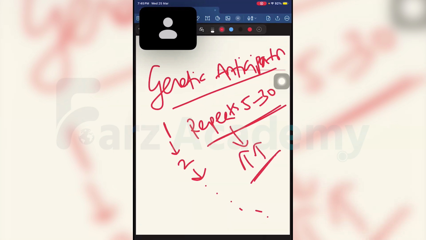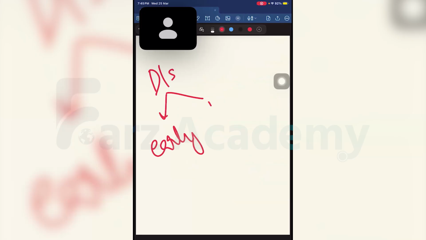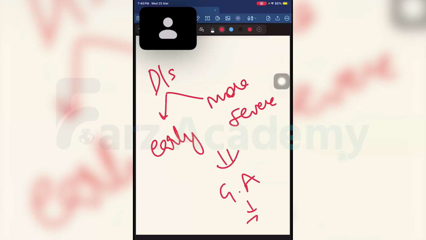So there is an expansion of repeats from one generation to another. And because now I have more repeats, my disease is going to come early and it is going to be more severe. This phenomenon is called genetic anticipation, which is seen in trinucleotide repeat disorders.